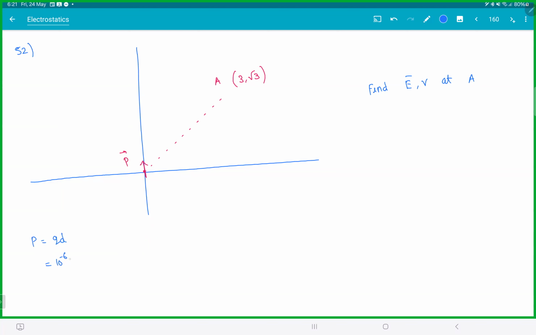D is 2 mm. So that is 2 into 10 power minus 9. And if you look at this angle here, that would be tan theta. This is 3 and that is root 3. So this angle is 60 degrees, isn't it? And this distance r will be how much? Root over 3 square plus root 3 square, that is root 12, which is 2 root 3, that is your r value.